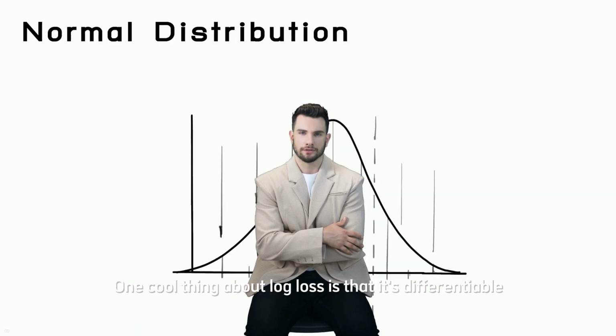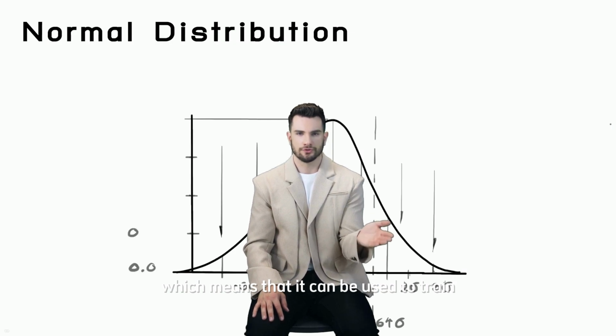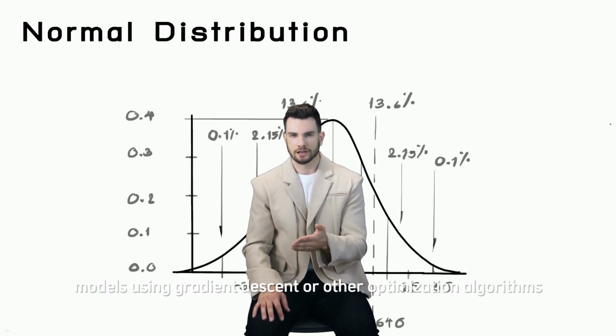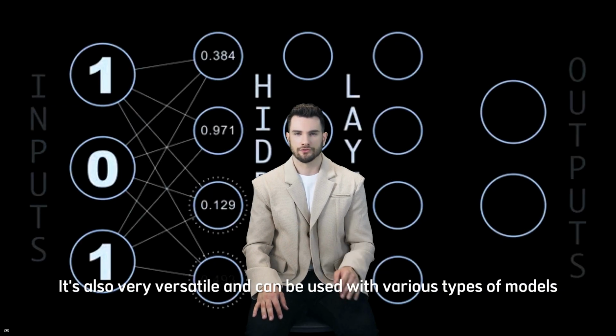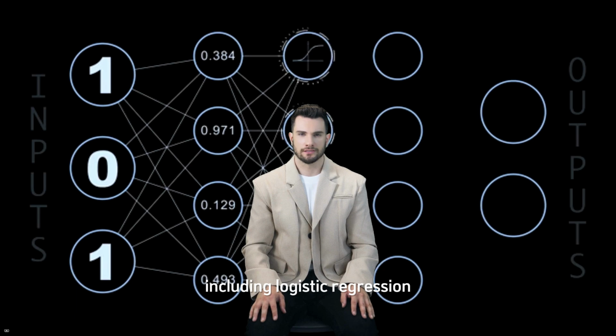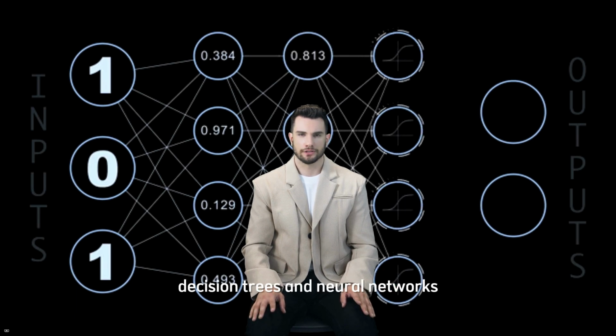One cool thing about log loss is that it's differentiable, which means that it can be used to train models using gradient descent or other optimization algorithms. It's also very versatile and can be used with various types of models, including logistic regression, decision trees and neural networks.